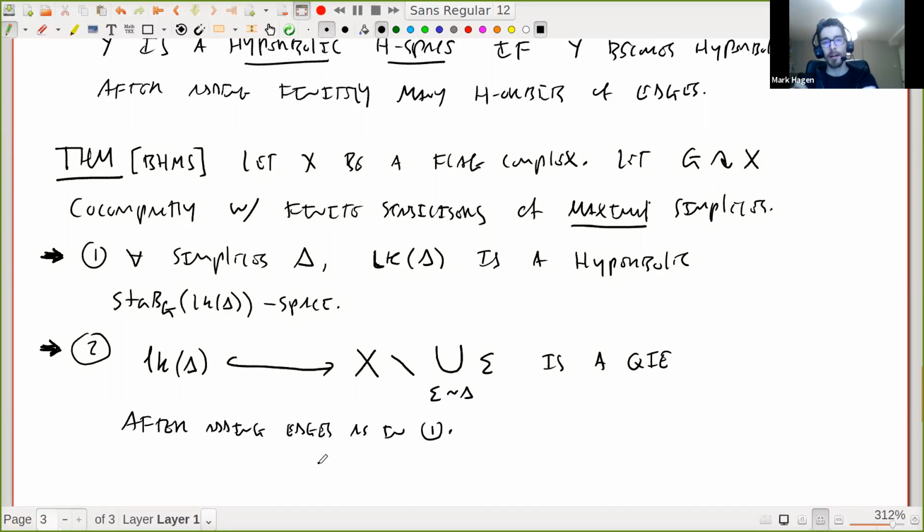Inside of X, if I look at the link of a simplex delta, in the graph metric on X, that link has small diameter. It has diameter 2, because for any 2 vertices in the link, they're both joined to all the vertices in delta, so I can just hop to delta and then hop over. So I can think of delta as coning off a certain subspace. Delta's sitting there killing the geometry of its link.